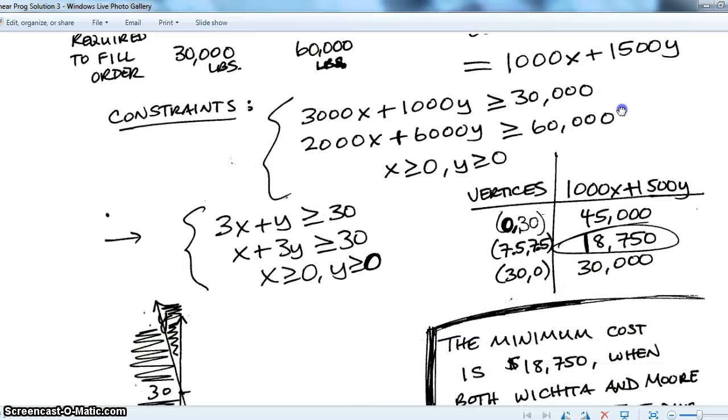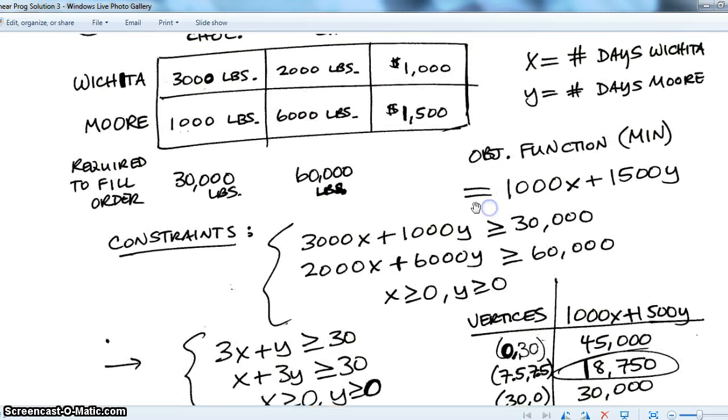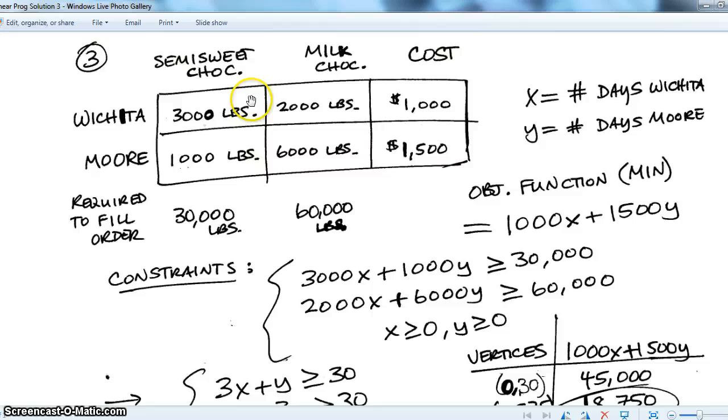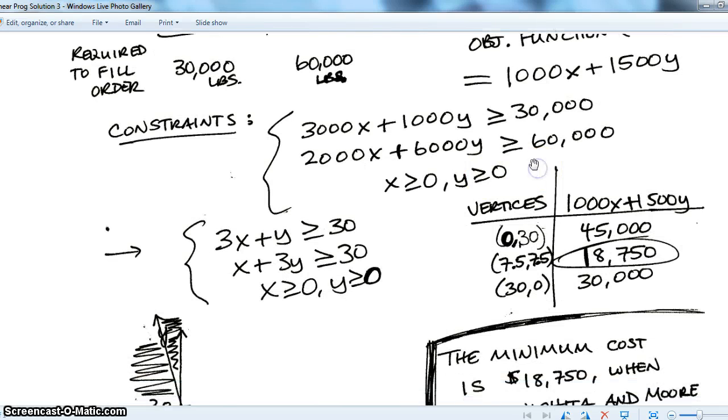The constraints then are going to be 3,000x plus 1,000y. Now that's how many pounds of semi-sweet chocolate you make. You have to fill the order, so you have to have at least 30,000 there. And for the milk chocolate, this is the amount of milk chocolate you make in pounds, has to be at least 60,000. Usual x, y bigger than or equal to 0.